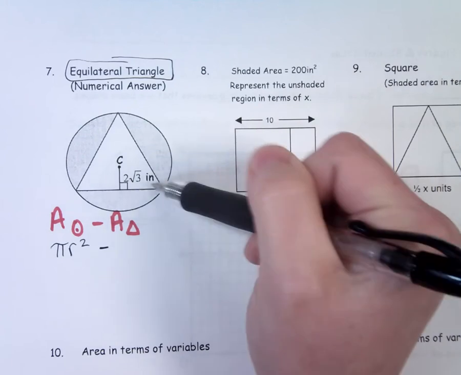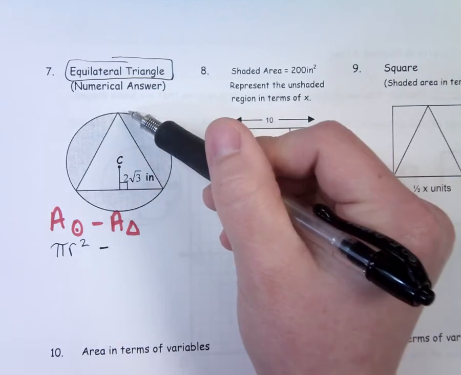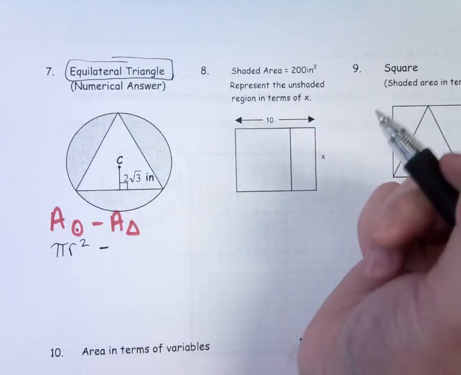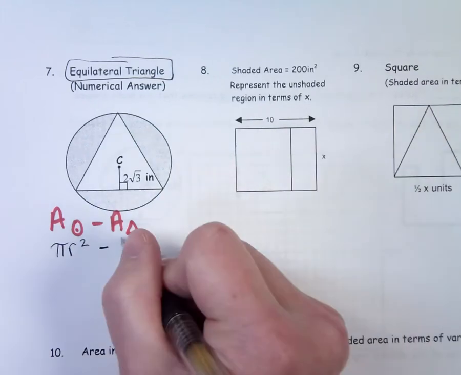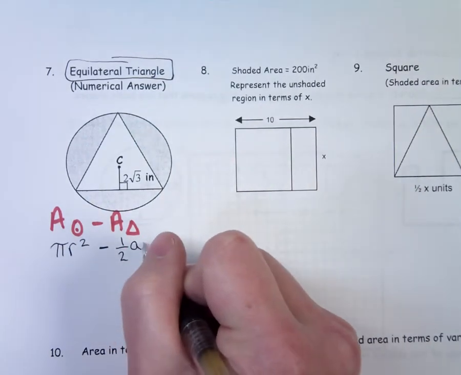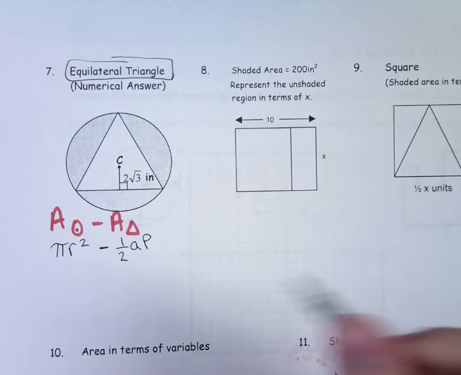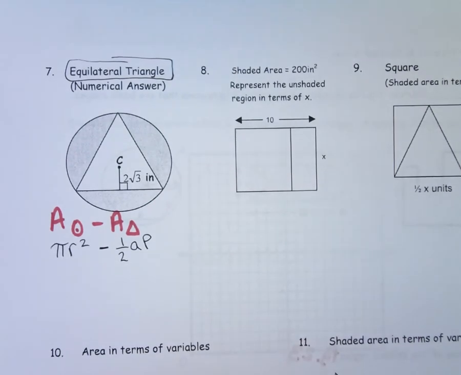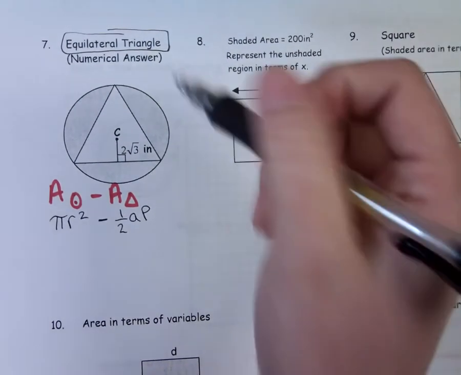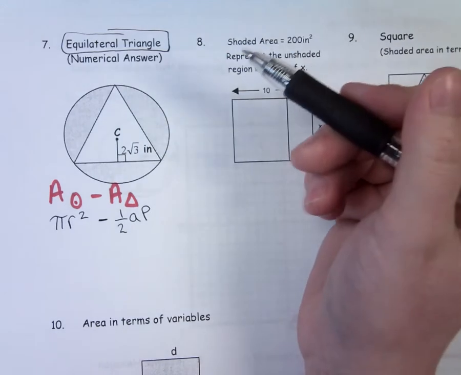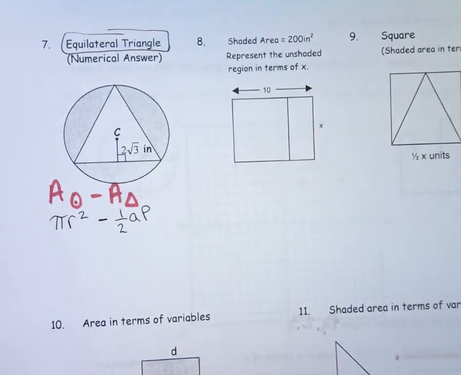So I could use 1/2 AP if I wanted to, or base times height divided by 2. I'm going to go ahead and do the 1/2 AP just because that's fairly new to us and it'll give us a chance to practice it a little bit more. But you could definitely do base times height divided by 2 because it is a triangle.